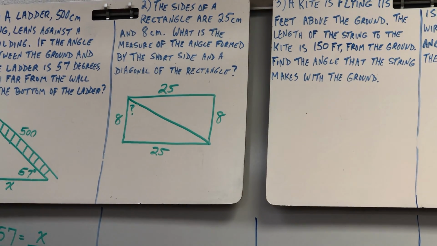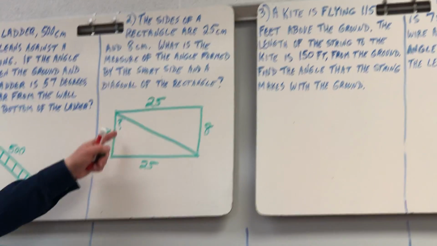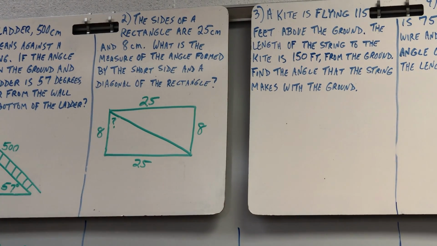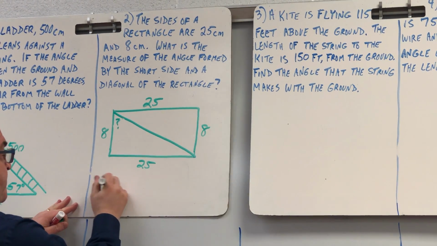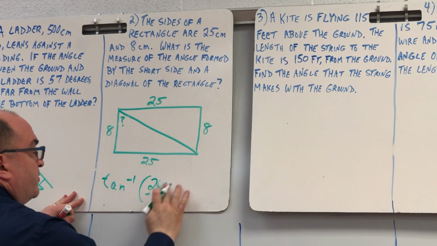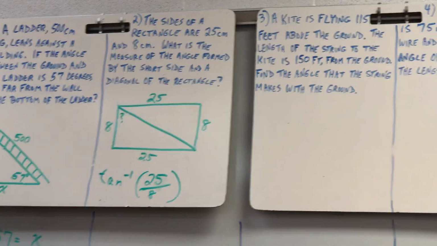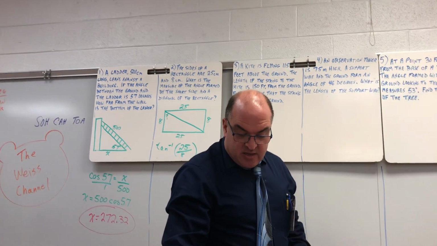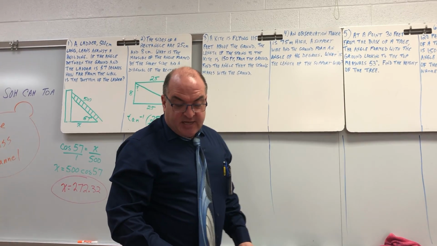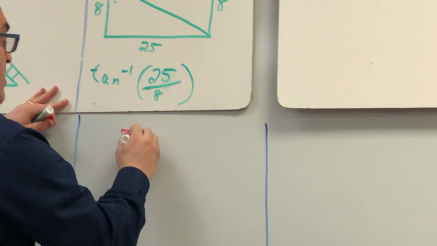Toa, tan, right? So now, since we're looking for the angle, we're going backwards. So it's inverse tan, 25 divided by 8. What is inverse tan of 25 divided by 8? 72.26 degrees.